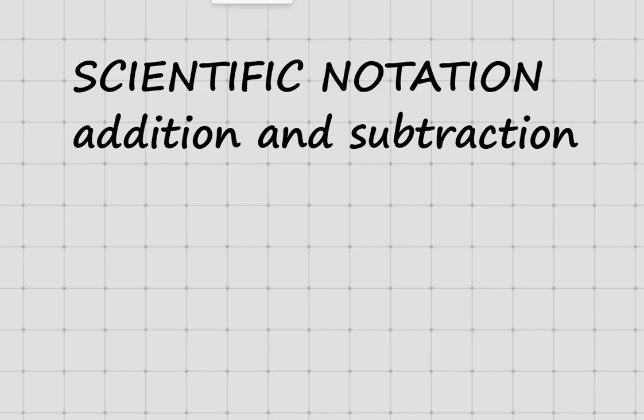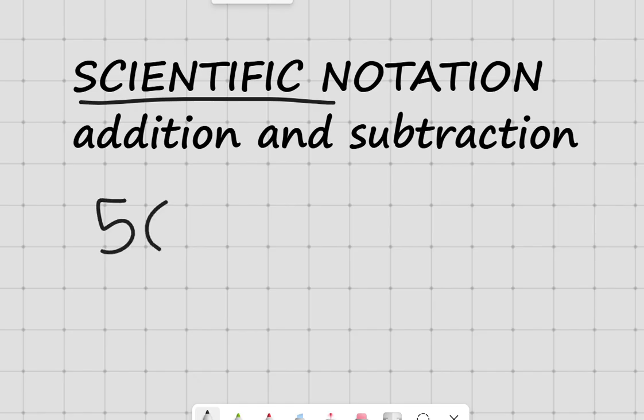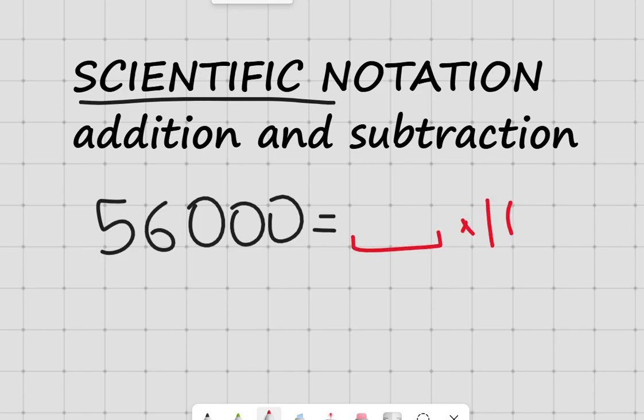Now, since we introduced and talked a lot about scientific form in the previous video, we learned how to write any number in scientific notation. Let's check one example quickly before we proceed with today's lesson. If we have, for example, 56,000, in order to write this in scientific notation, we need a number between 1 and 10, and then we multiply that by 10 to the power of something.